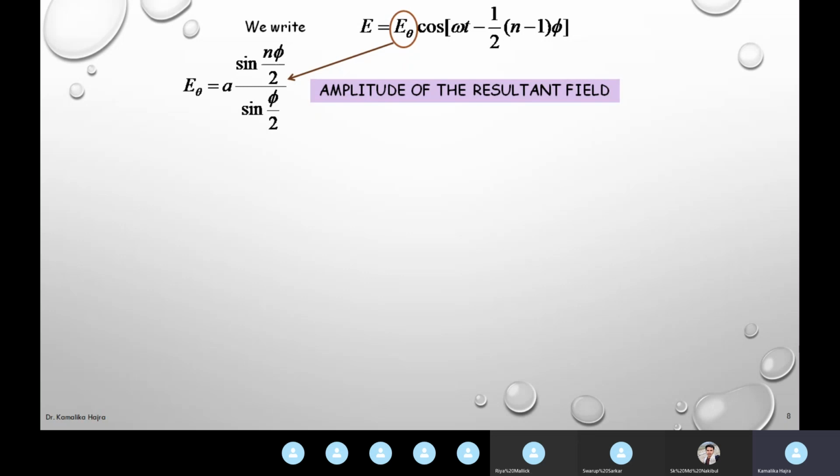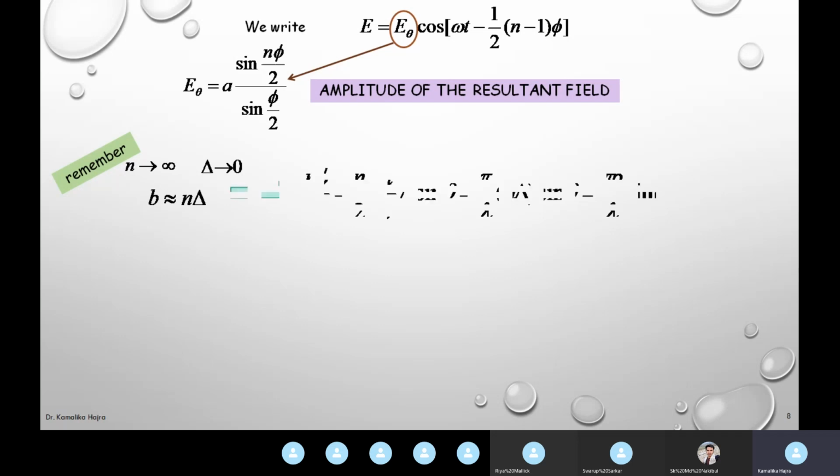Remember, phi is given by 2 pi by lambda delta sine theta, where delta is again an assumed quantity, the distance between two consecutive imaginary points on the slit. So we must recall here that n tends to infinity and delta tends to 0, maintaining b equal to n delta always.